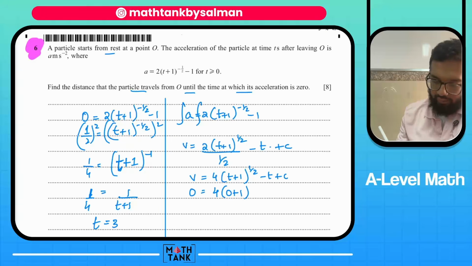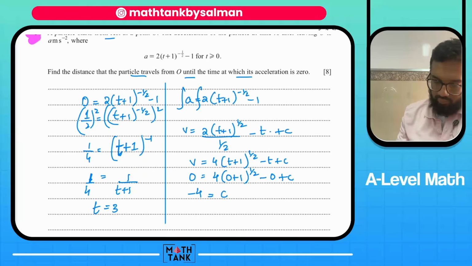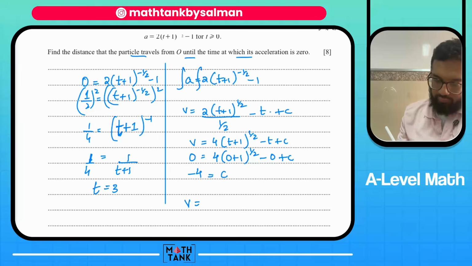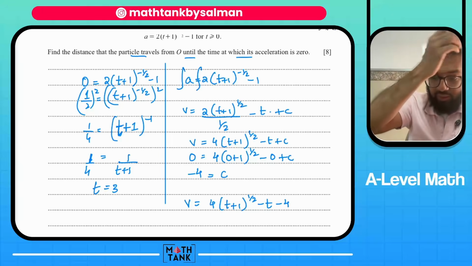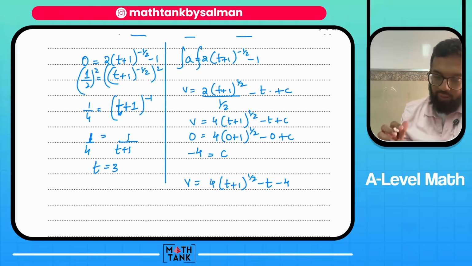It starts from rest, so c is coming out as minus 4. Interesting. Okay, and then what do I have to find out? I have to find out the distance the particle travels from O until the time at which its acceleration is 0. So when is acceleration 0? It's at t equals 3.